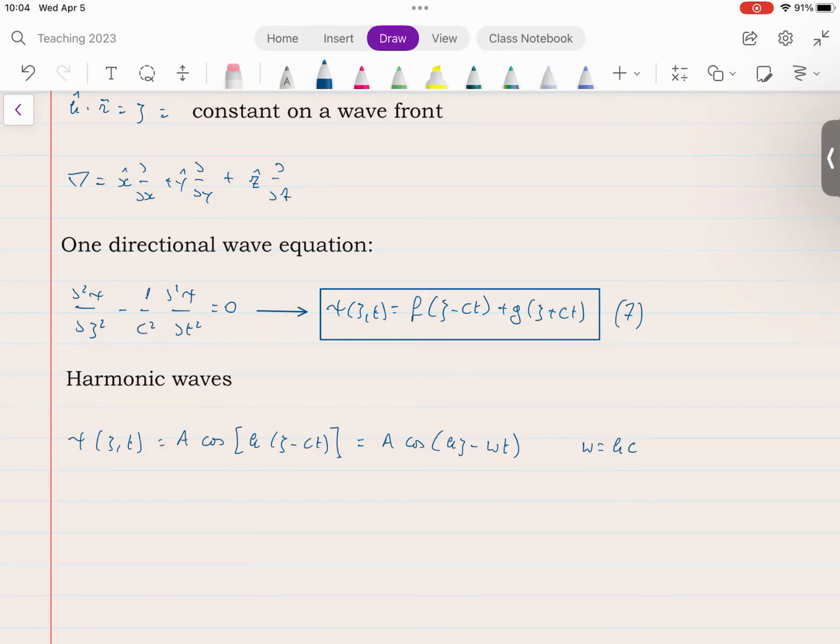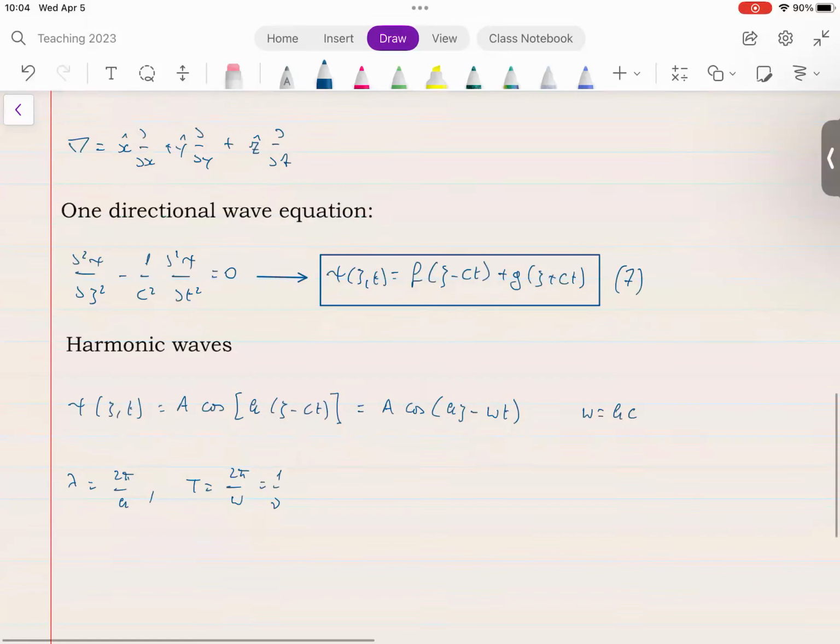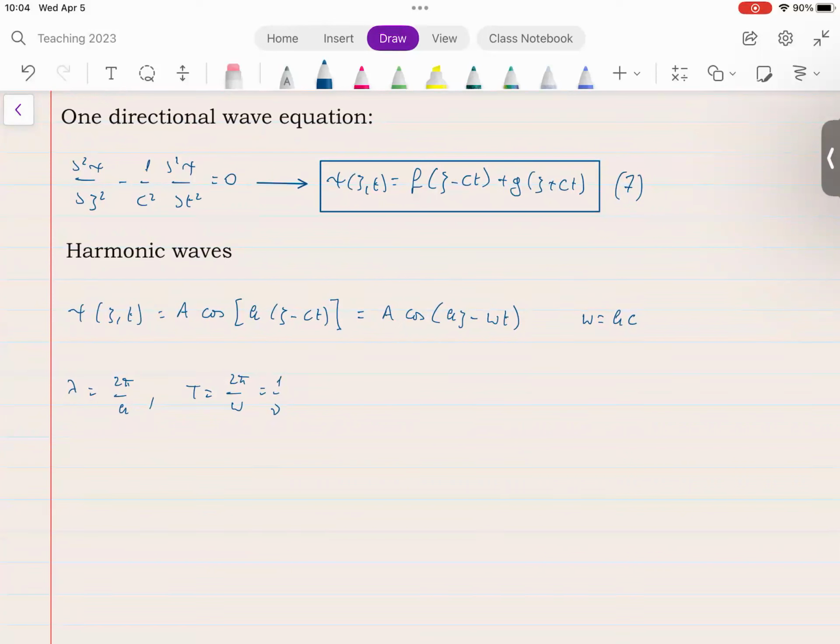And you know how to get the wavelength and the period. Wavelength is 2 pi over k. The period is 2 pi over omega. That's 1 over the frequency. And typically, we refer to the angular frequency as frequency. That's a bit of a sloppy notation or abuse of notation, but that's what we do just to save some breath.